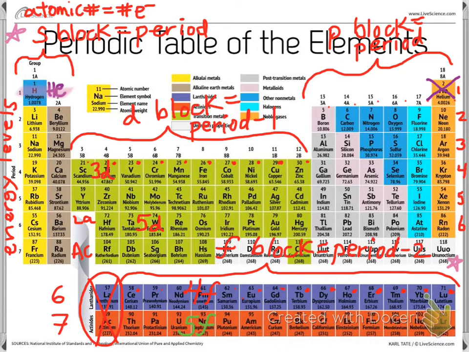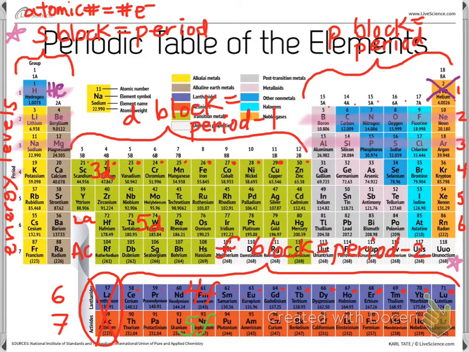Remember, the first energy level is different because it only has one sublevel, the s, which only holds 2 electrons total. After 1s, I come to 2s. Next, I have my 2p's. Next, I come to my 3s. Next, I come to my 3p's.